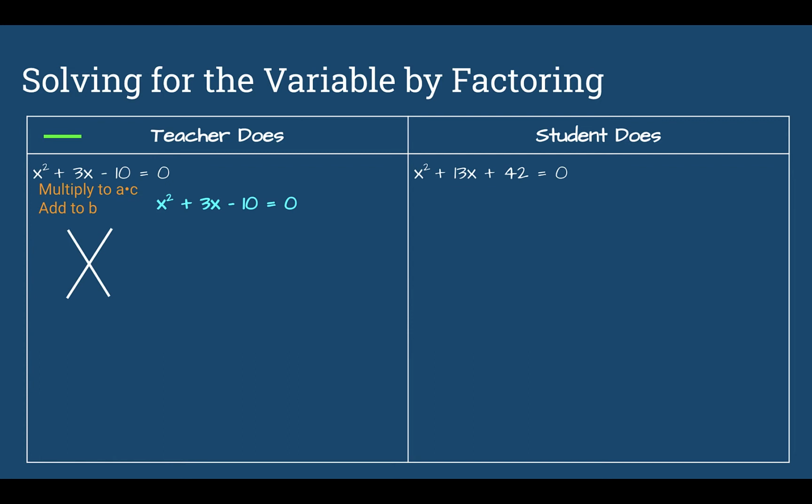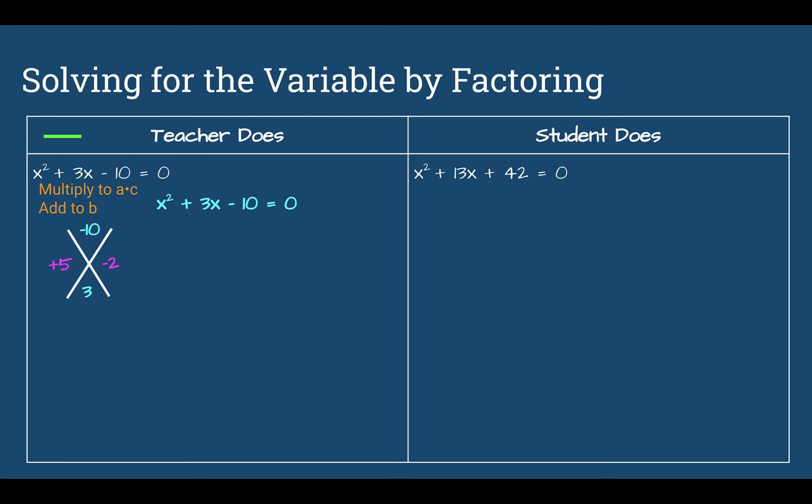Here, since a is equal to 1, we're really just going to multiply to c, which means we're going to multiply to negative 10 and add to 3. You need to figure out what two factors multiply to negative 10 but add to 3. We could figure out that those numbers are positive 5 and negative 2.